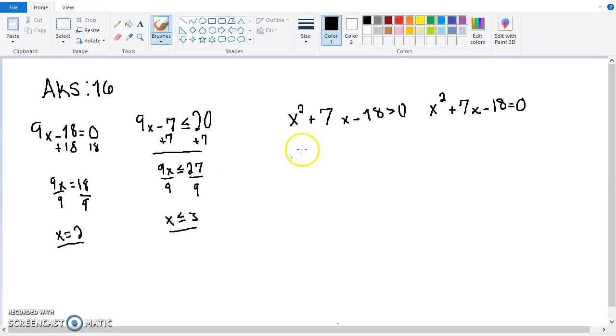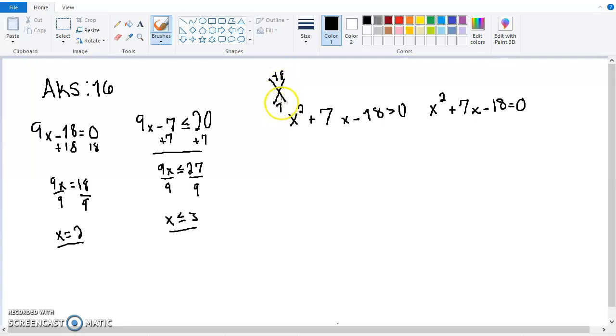Now, when doing quadratics, you have to factor. In previous videos, I've talked about that big X, which is AC on top. In this case, it'll just be negative 18, and then B on bottom, which is 7.